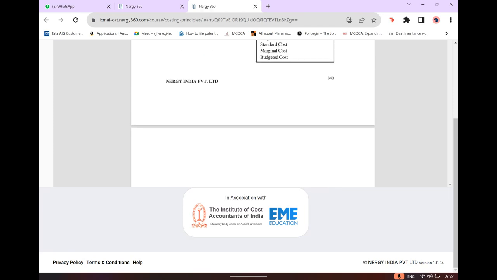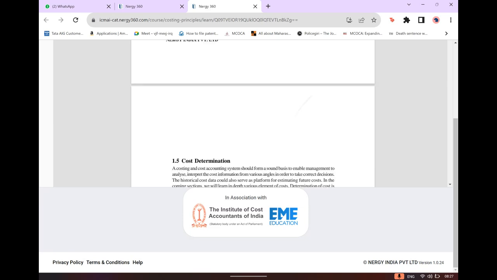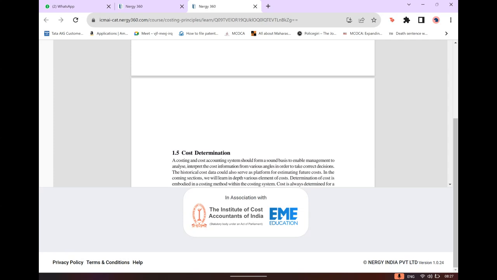Like this, you have sunk cost also. Sunk costs are historical costs. They are irrelevant in decision making because they are already incurred. So it can be a historic cost, which is not helpful in decision making.